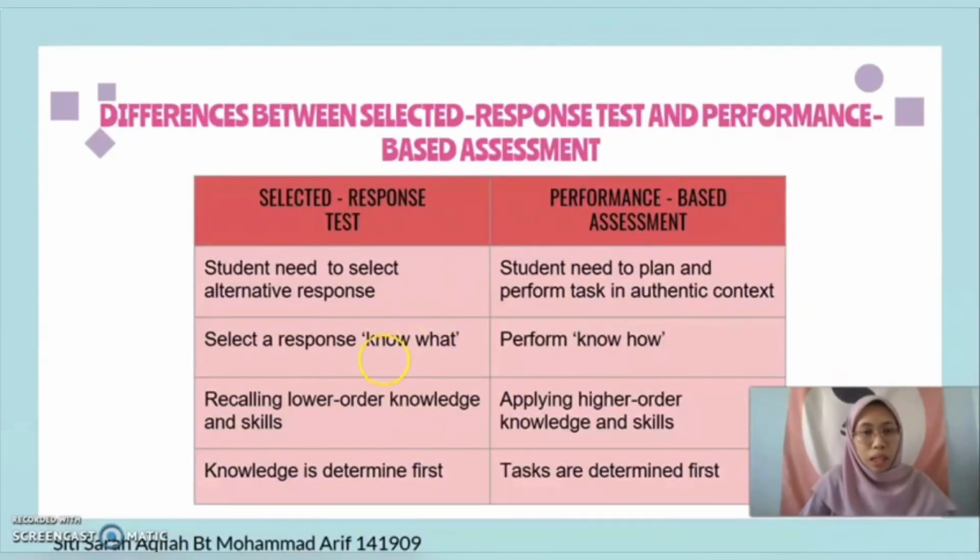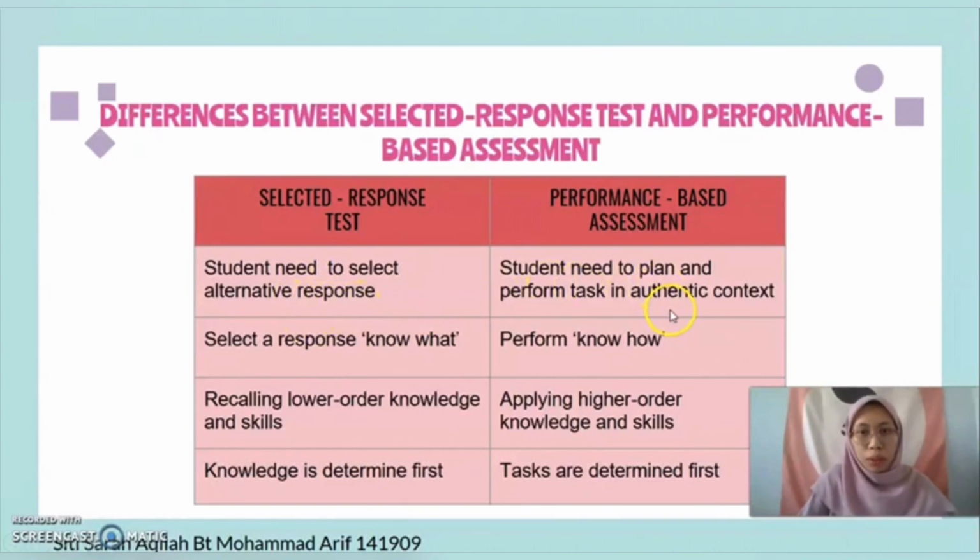The last part is differences between selected response test and performance-based assessment. Number 1, students need to select alternative response. As we know, from the task that is related to selected response test, which is multiple choice question, matching, binary item, and also multiple binary item, students need to choose only one best answer from the alternatives given.